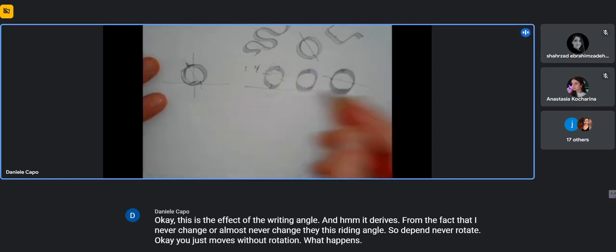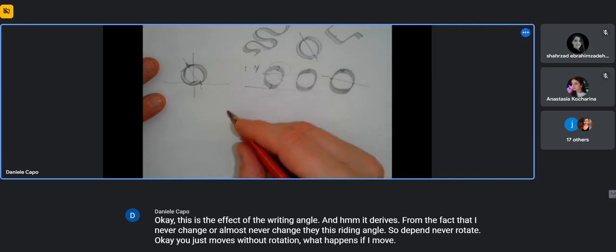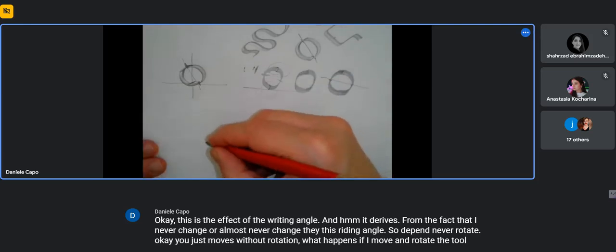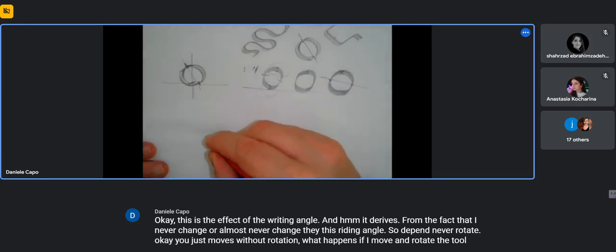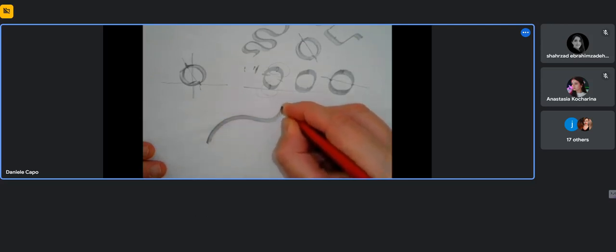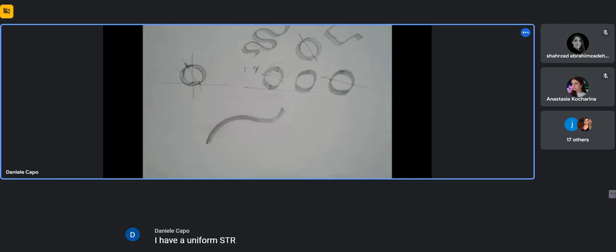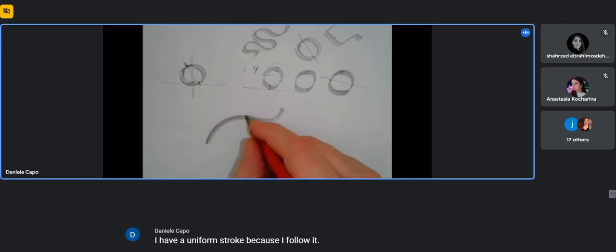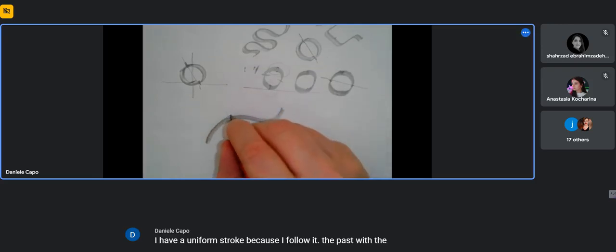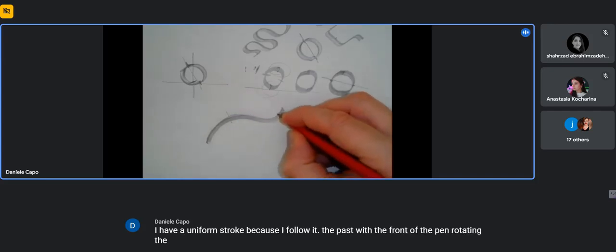What happens if I move and rotate the tool? I have a uniform stroke because I followed the path with the front of the pen, rotating the pen.